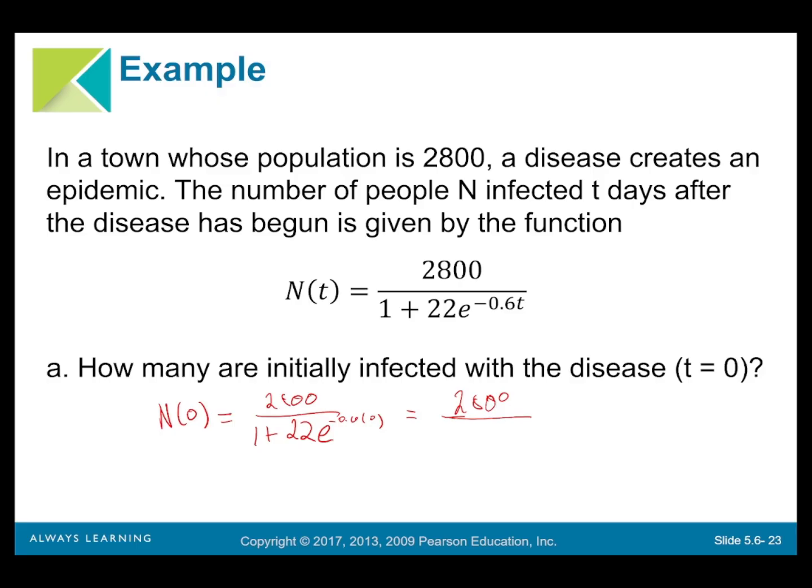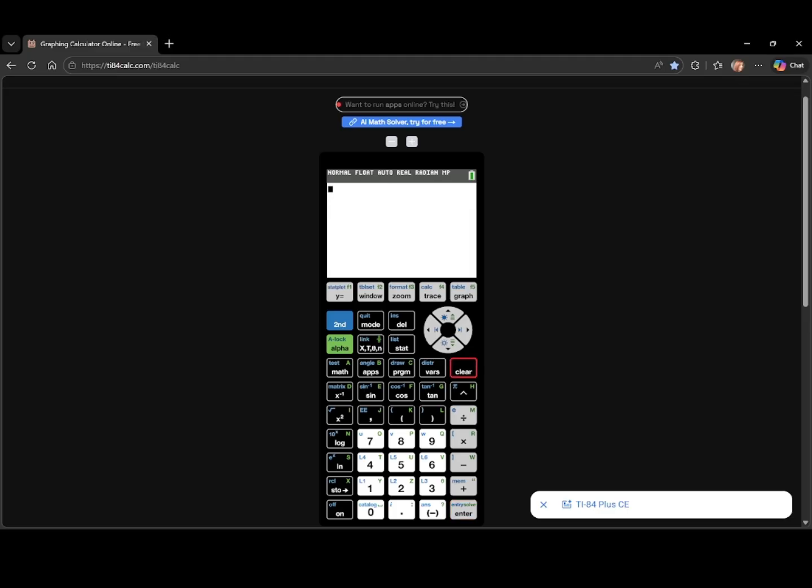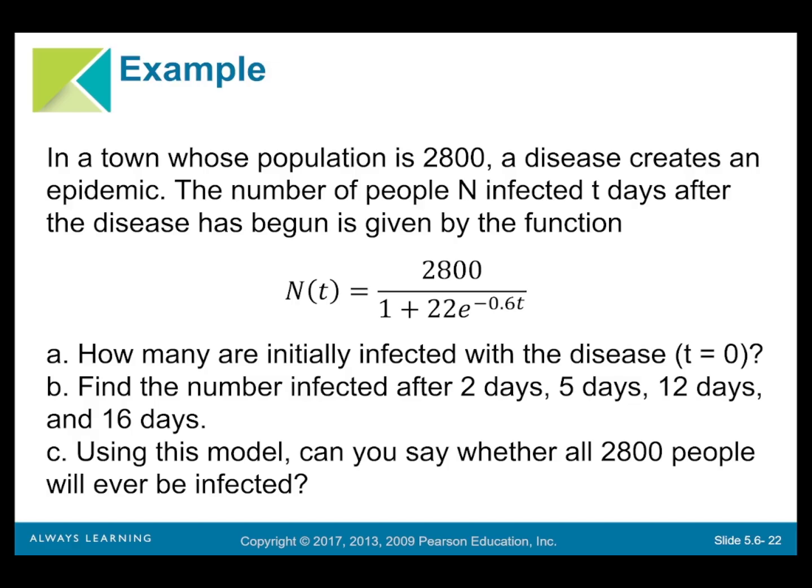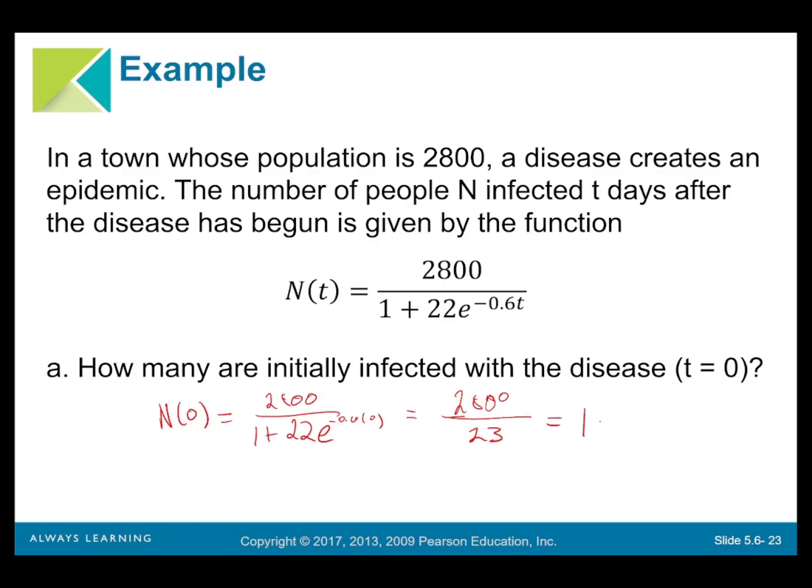So we're looking at 1 plus 22, which is 23, so 2,800 divided by 23. I cannot do that in my head, so let's go to the calculator. 2,800 divided by 23 is 121.7, so about 122 people. 122 people are initially infected with the disease.